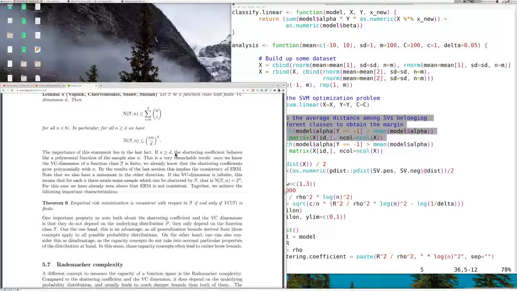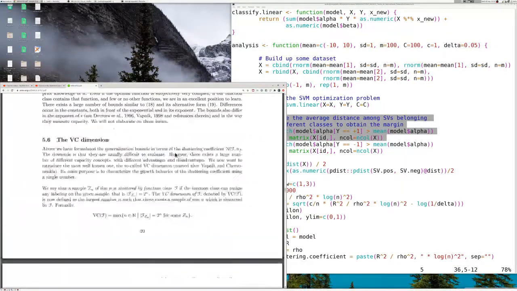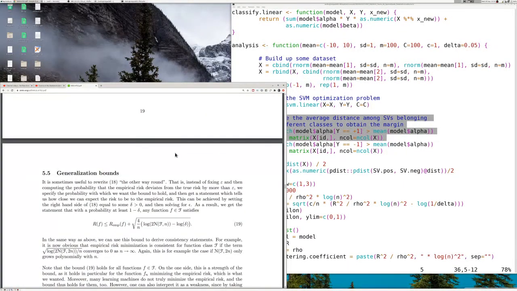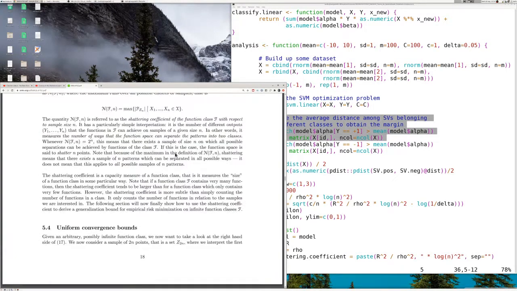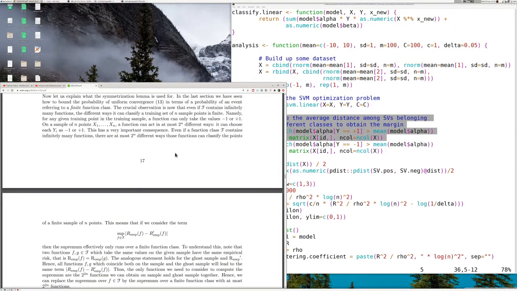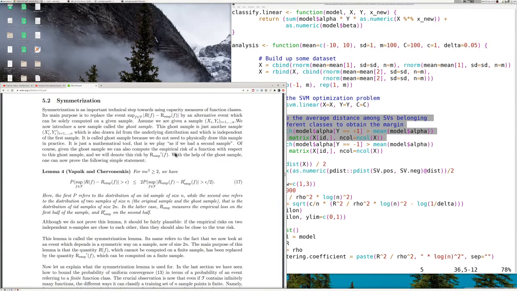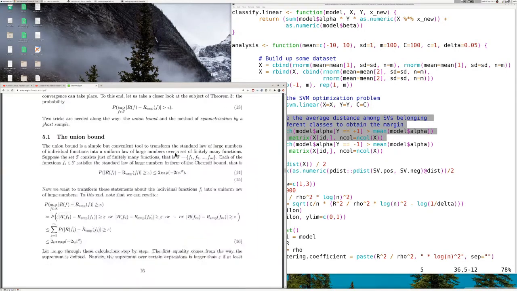If you go up, we can see how term epsilon is used in our formulation. If we consider epsilon, it measures the divergence between the expected risk and the empirical risk.